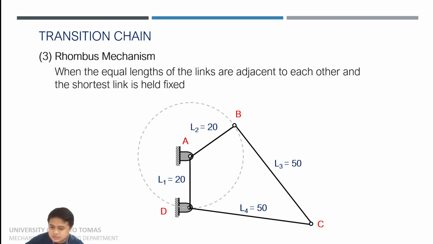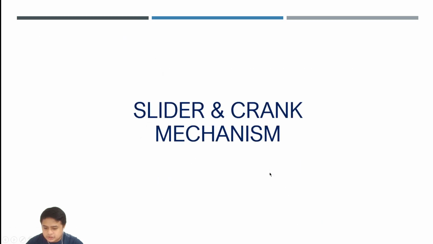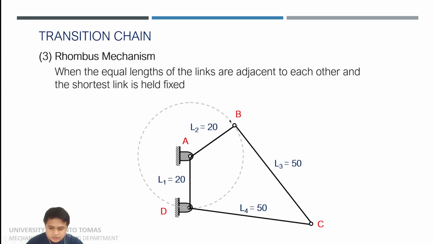As you can see, this AB can fully revolve. As AB rotates, this BC just moves in this direction. No? Okay.